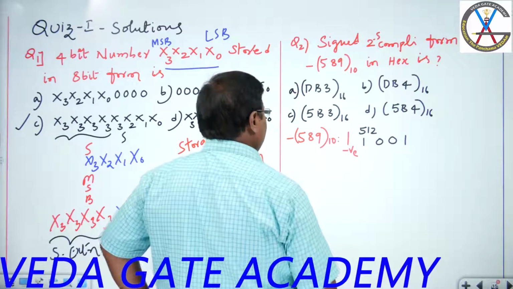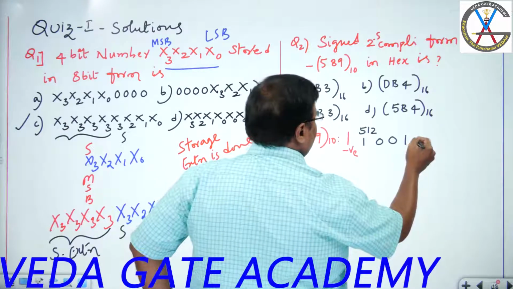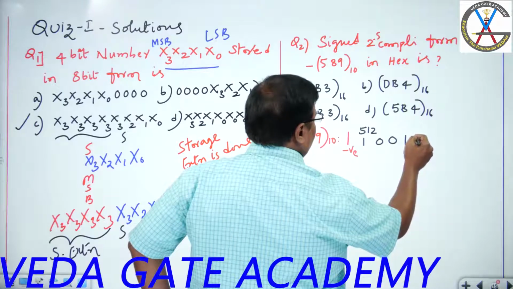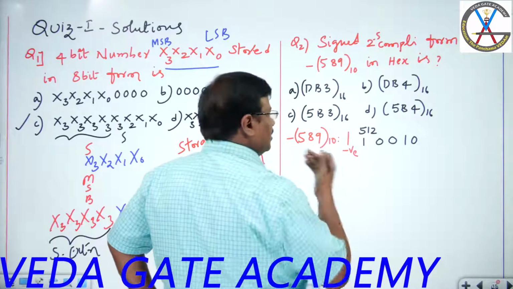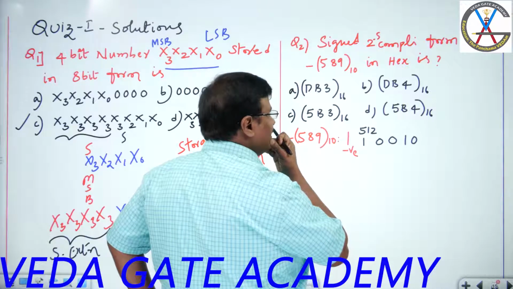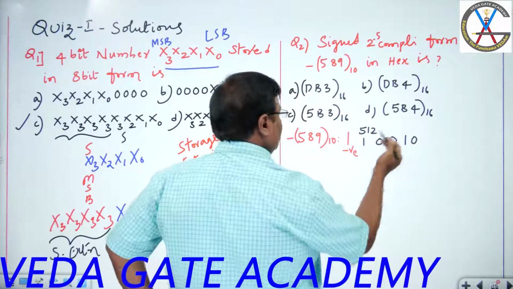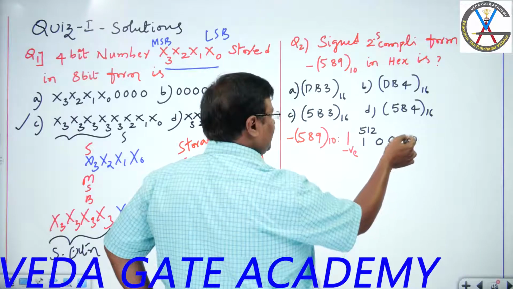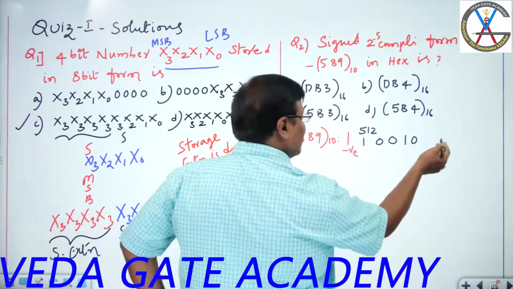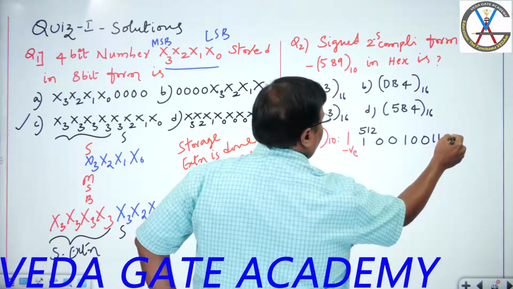64 is done, so from 77, 13 more, no? So 64, 32 not required. So how much is it? 64 and 77, 13 more. After that, 512, 256, 128, 64, 32 absent, 16 also absent, 13 is 8421, 1101.